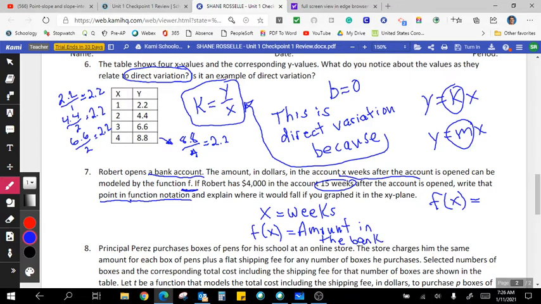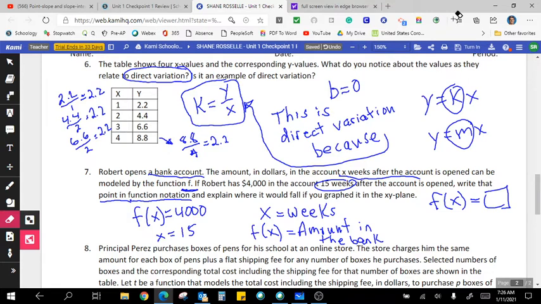So f of x equals 4,000. x in this case equals 15. So how do we write that in function notation? We just replace the variables with the numbers. So f of 15 equals 4,000.